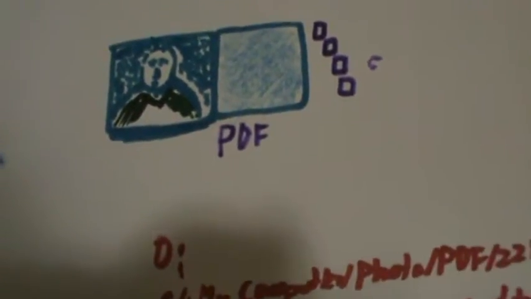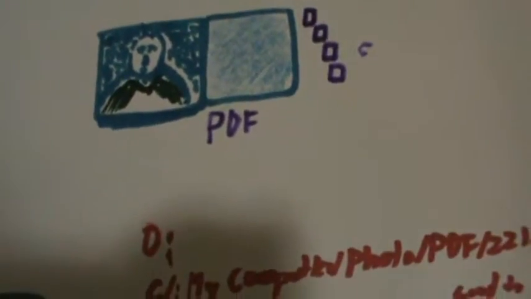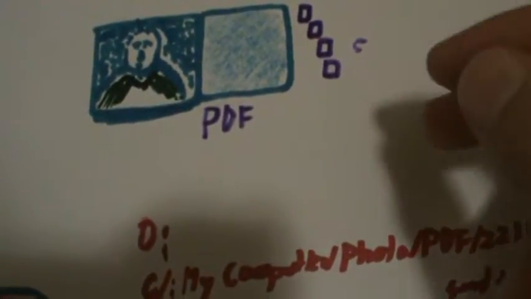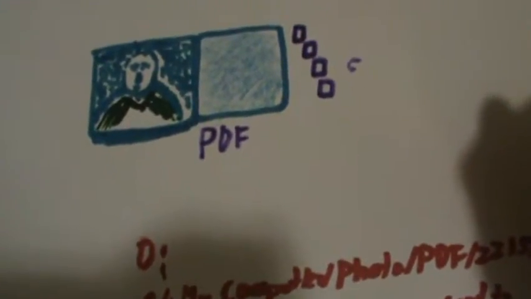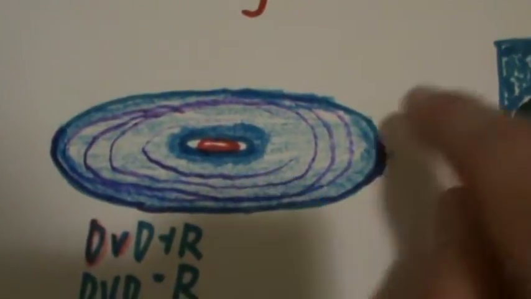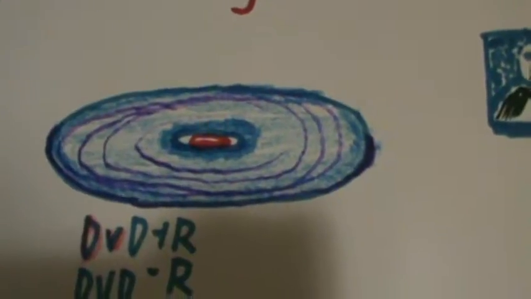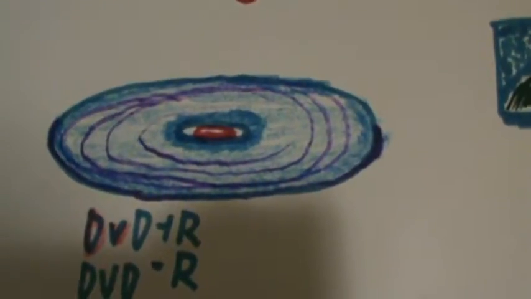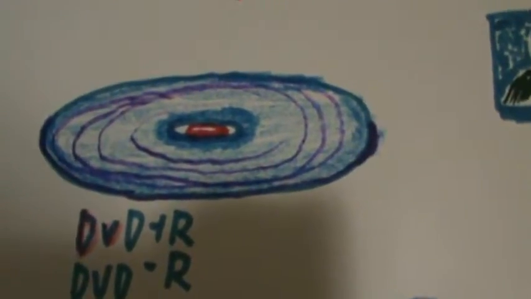Most of the time with a DVD-R disc, you cannot erase any files that you copy on there. I'm talking about the difference between a rewritable disc and, on the other end, a read-only disc. That's the type of technology.